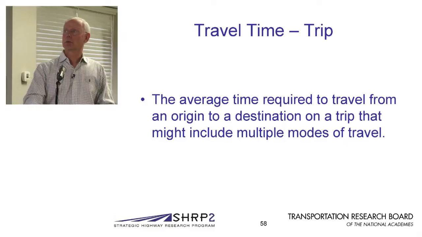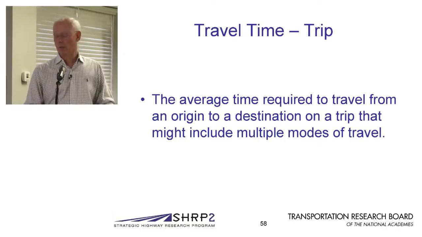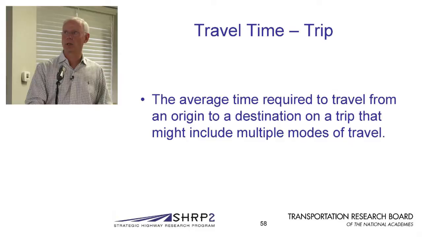Another way to think about travel time that we don't necessarily think about is a travel time for a trip. So we'll look at travel times on a link, we'll look at travel times on a facility, but travelers experience more than that. They experience travel time from home to their destination, or from work to home, or home to shopping, or whatever.